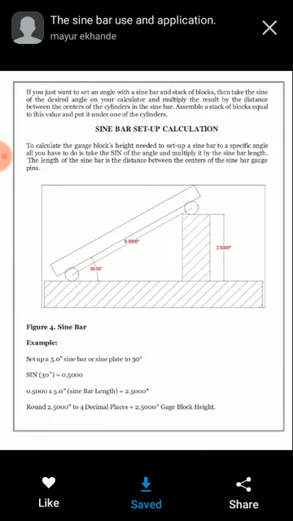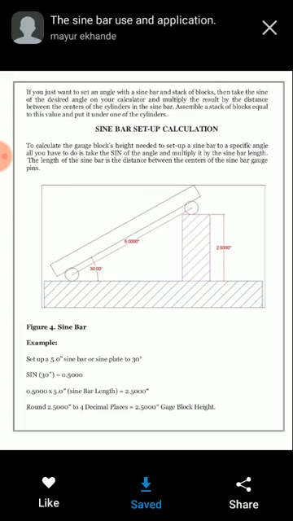If you just want to set an angle with the sine bar and a stack of blocks, then take the sine of the desired angle on your calculator and multiply the result by the distance between the centers of the cylinders in the sine bar.